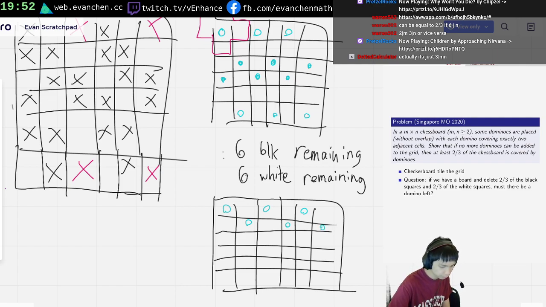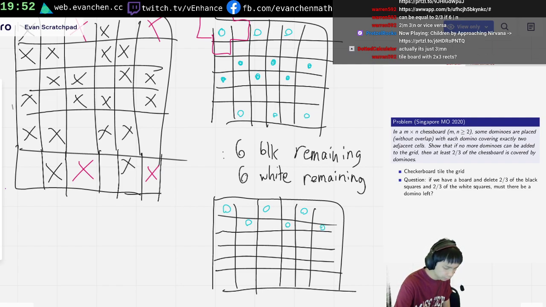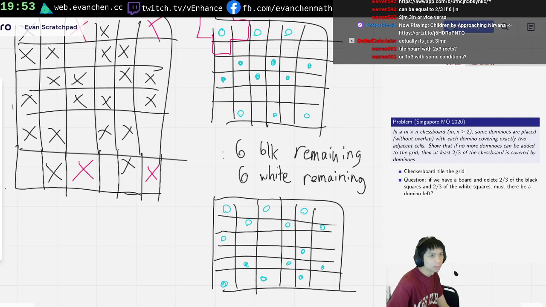I guess this one's not actually achievable with dominoes. But yeah, there's not enough squares. Okay, so the claim I had is just false anyways. So it's not even enough to just think about color.